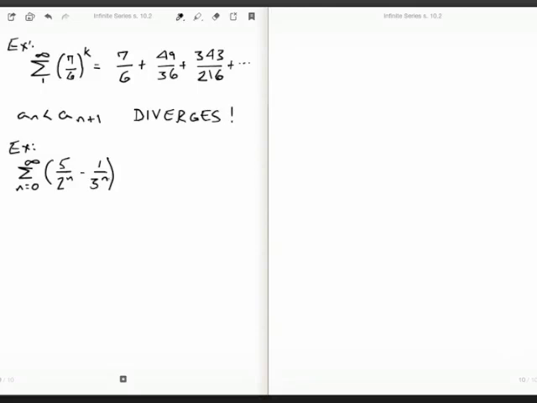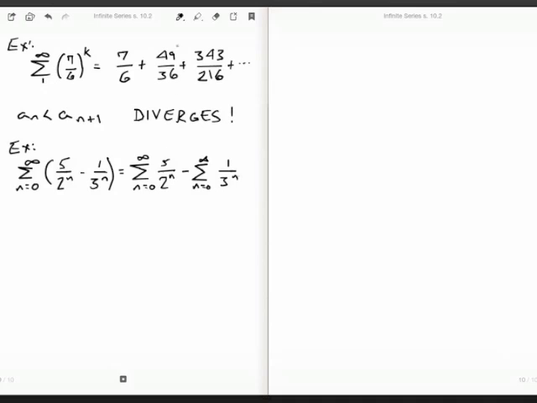Right? What does that equal? Well, I know due to some of my rules that the sum of the difference equals the difference of the sums. So n equals 0 to infinity of my first one, 5 over 2 to the n, minus the sum of my second one, n equals 0 to infinity of 1 over 3 to the n.